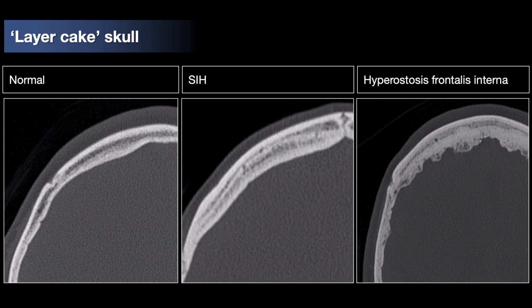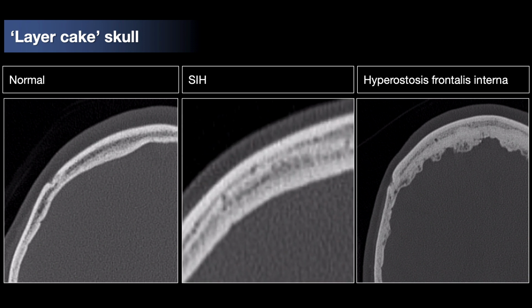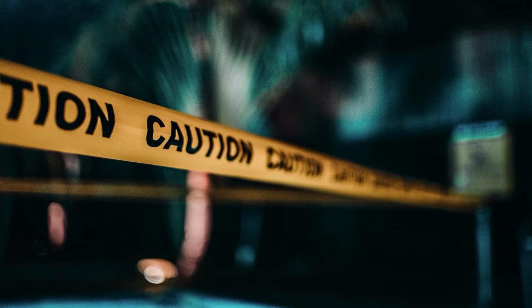In most of those cases, you see this concentric or layered appearance to the skull, with a layer of hyperostotic bone deep to the inner table, known as the layer cake skull. And this is in contrast to, say, the appearance of a hyperostosis frontalis, which has a more localized and irregular knobbly appearance.